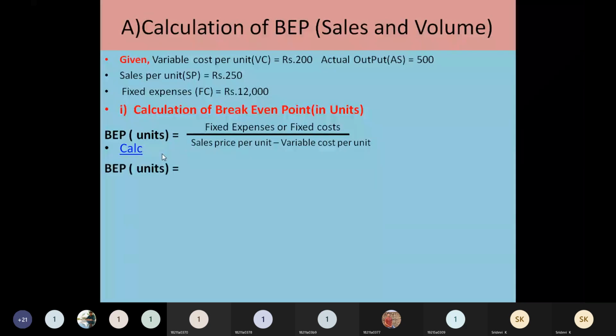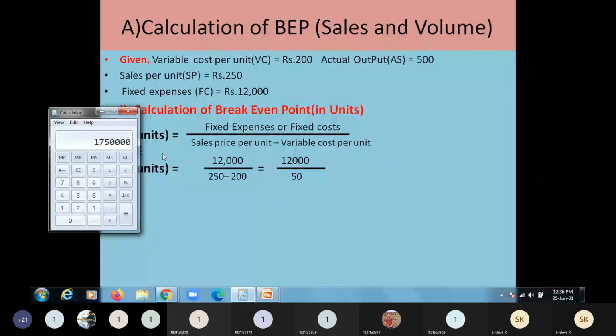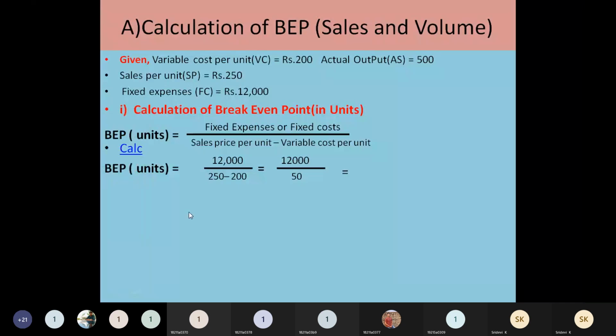Substitute those values directly, there is no confusion. 12,000 divided by 250 minus 200, so that gives 12,000 by 50. Use the calculator: 12,000 divided by 50 gives 240. So 240 units is the break-even point.